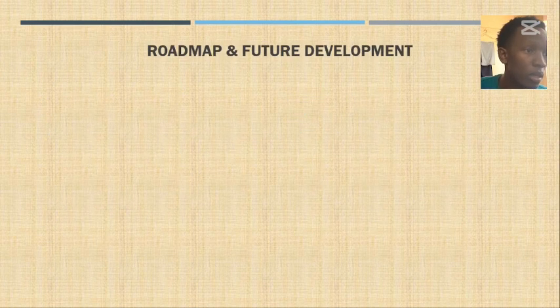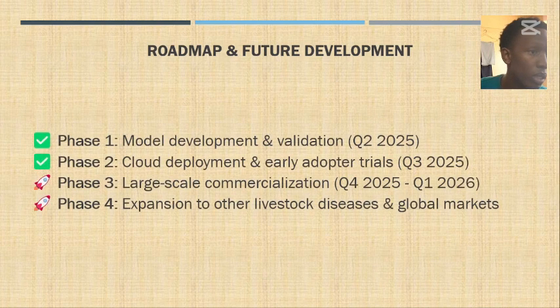Then the future developments and roadmap: so far, we have the model development and validation, the cloud development and deployment, and the early adopter trials. Among the things not yet developed but planned are large-scale commercialization and expansion to other livestock diseases and global markets.